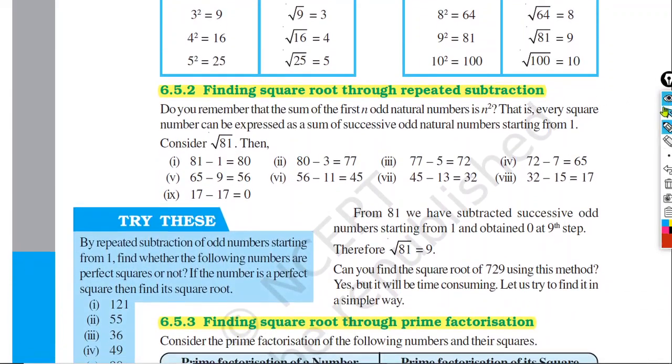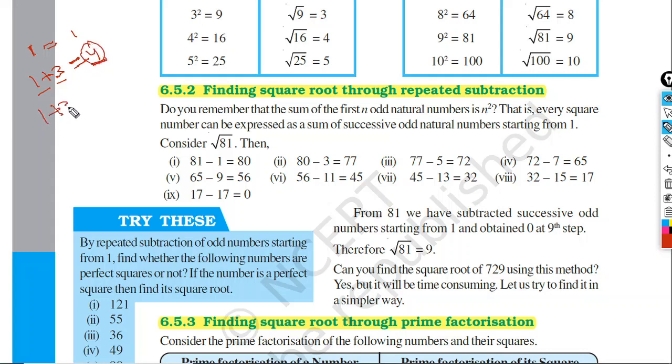Here, if you remember, there was a method in which we found square numbers. 1 was an odd number, 1 was equal to 1. Now 1 plus 3, two odd numbers, was equal to 4, and 4 was a square number.